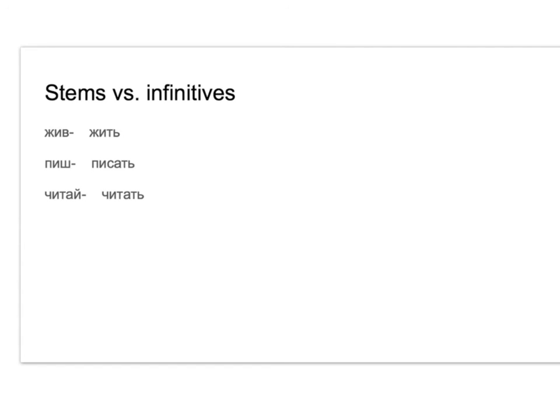Now we should talk about verb stems versus infinitives. Verb infinitives like жить, писать, читать are the forms that you might find in a traditional dictionary. Most of the time, Russian infinitives end in ть, мягкий знак, or sometimes ти.